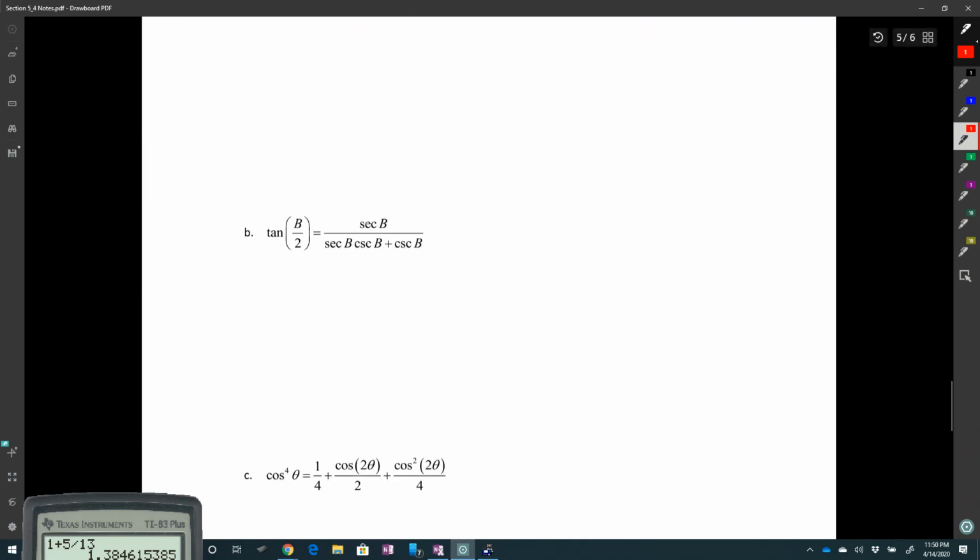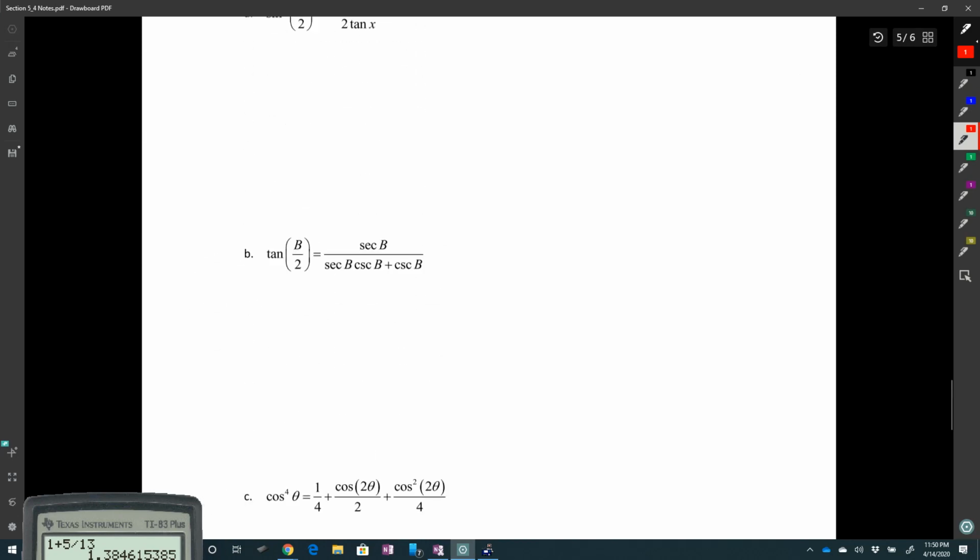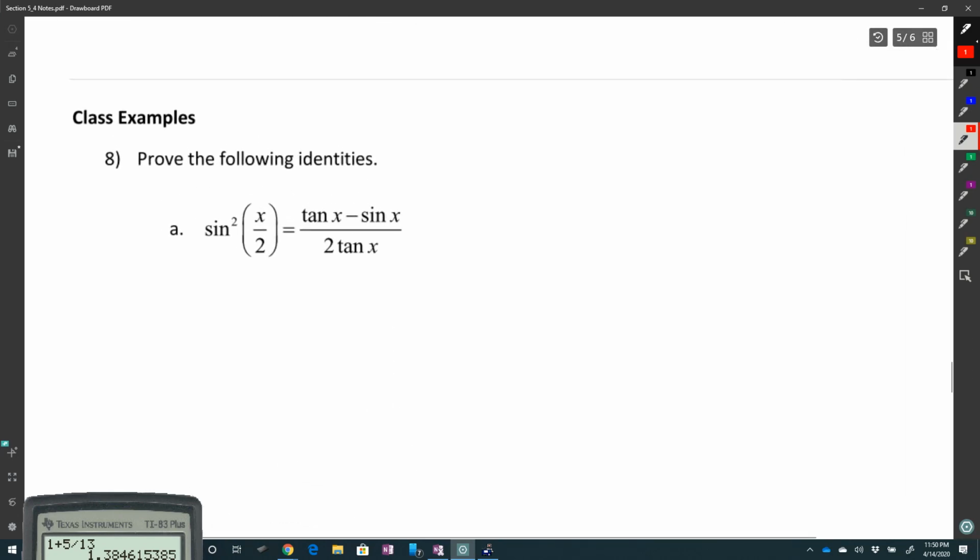And so now I want to do these 3 proofs, and that'll be it. We'll be done. So, proofs. This says, prove that sine squared of x over 2 is equal to, and then they give you this formula. So I'm going to pick the more complicated side.